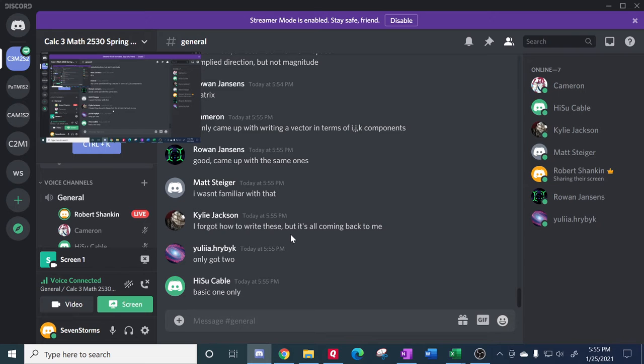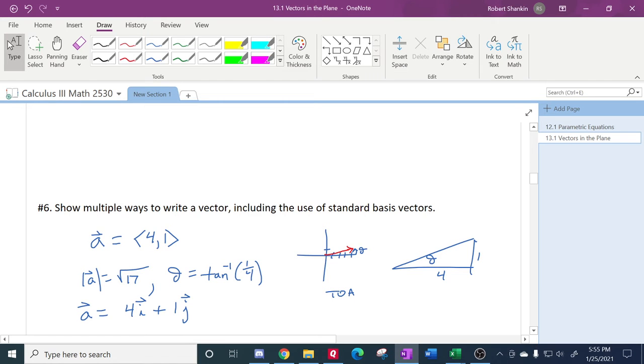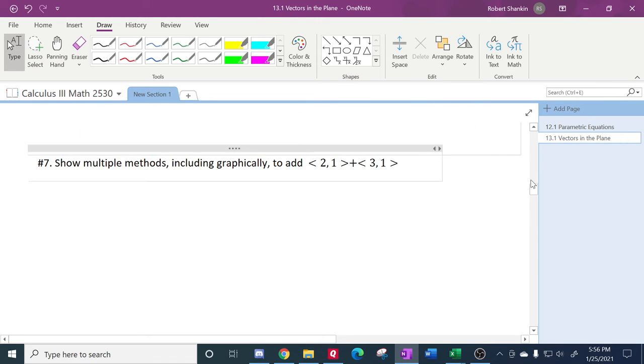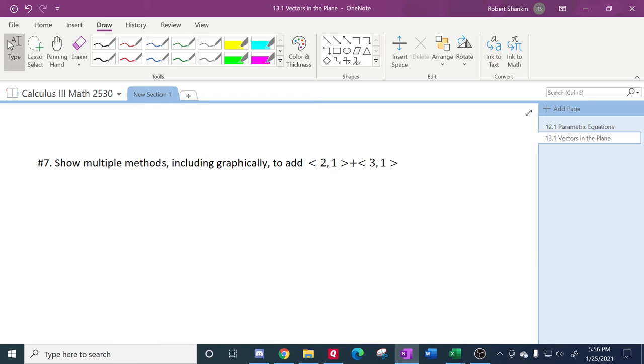You could think of it as a 2x1 matrix. All right, and then show multiple methods, including graphically, how to add these two vectors together. So, get the answer in as many different ways that you can.